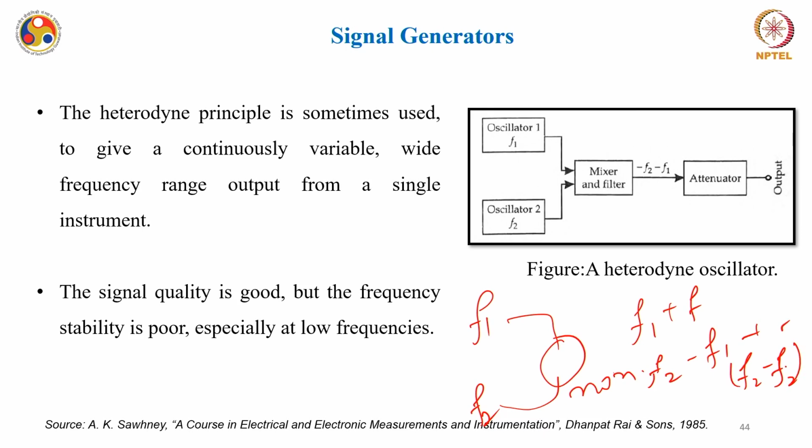The heterodyne principle is sometimes used to give a continuously variable wide frequency range output from a single instrument. The signal quality is good, but the frequency stability is poor, especially at low frequencies.